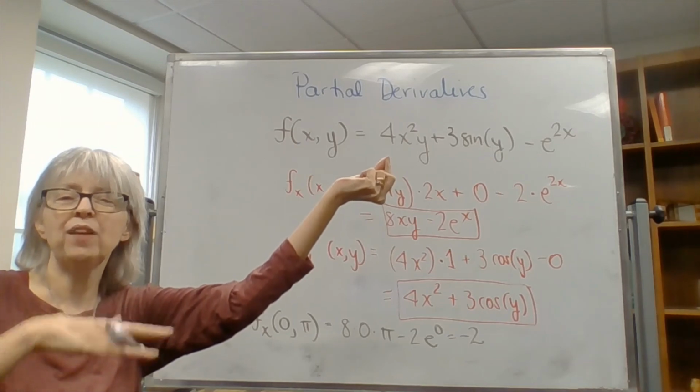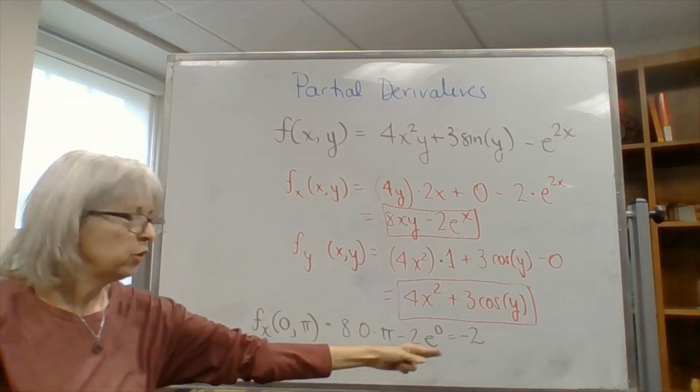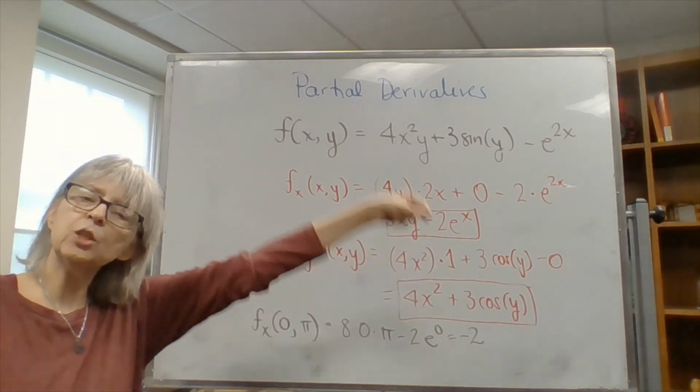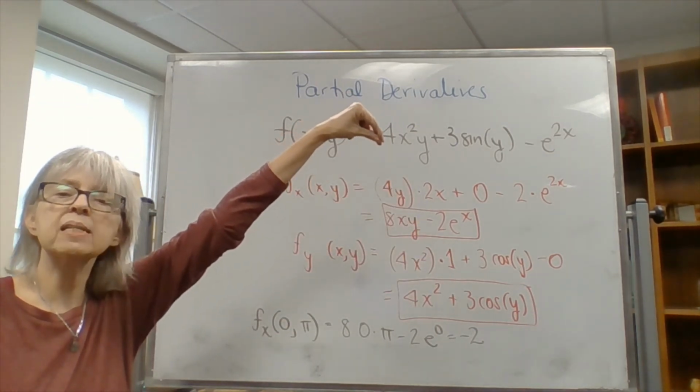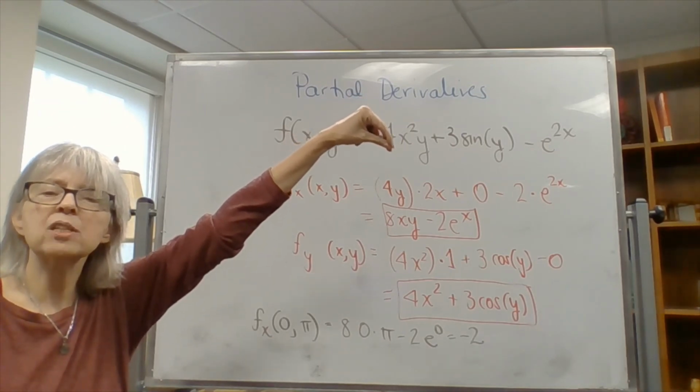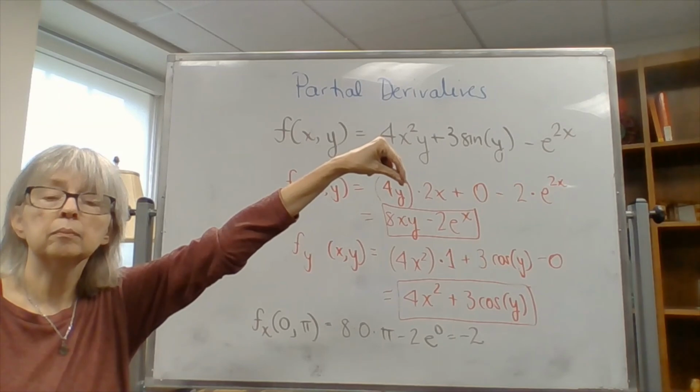Will I be walking flat? Well, the derivative is negative. So that tells me whenever I'm standing at the point on the surface where x is 0 and y is pi, if I take a tiny step in the x direction, I'll drop.